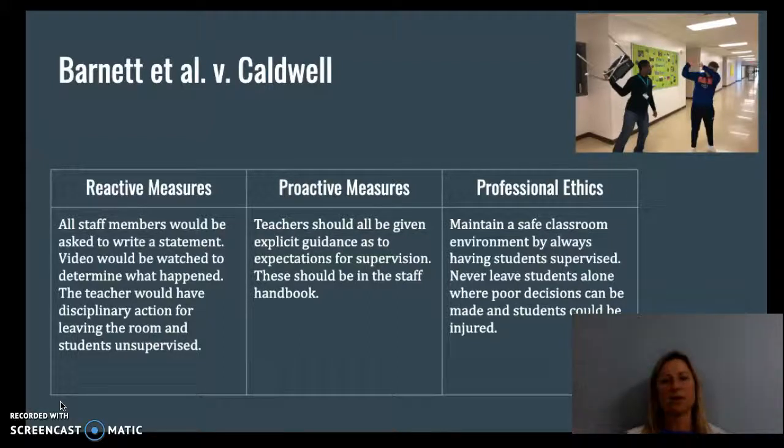So there should be some things in place that everybody in the building, all staff members know. And they should be in our staff handbook, just that it is our responsibility for supervising students when they're at school. And professionally, just maintaining a safe classroom environment by always having students supervised, never leave them alone where poor decisions can be made and students could be injured.